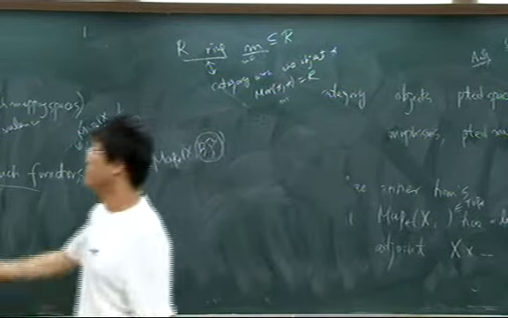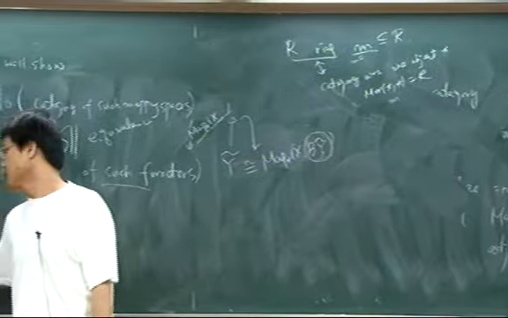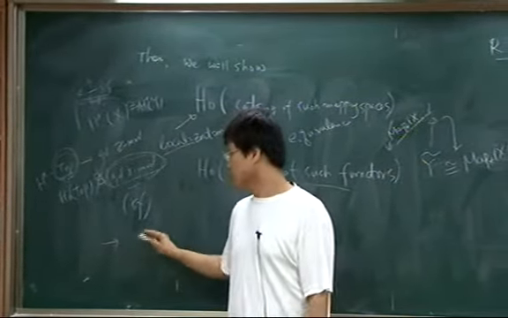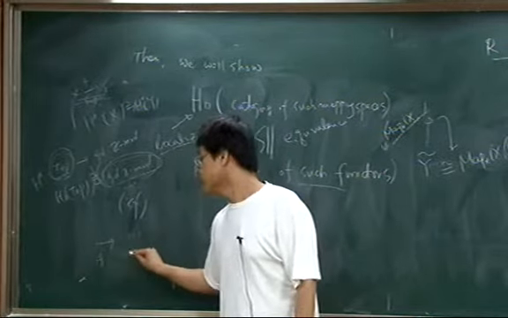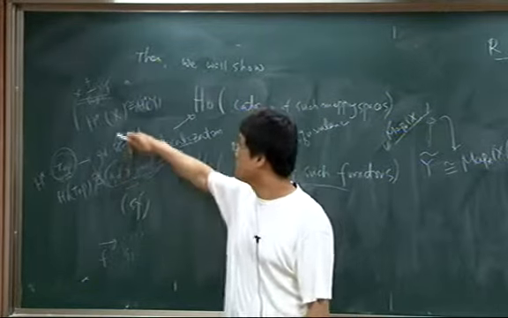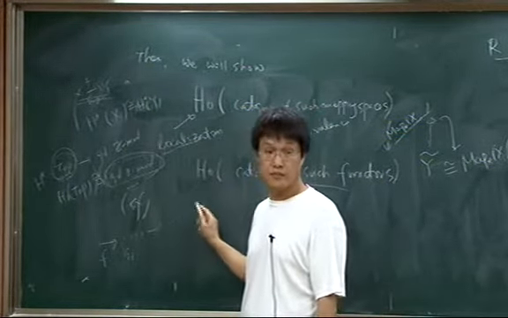In localization, the morphisms are, you can imagine, the real map F, and then S, which comes from the weak equivalences. Things like this one.